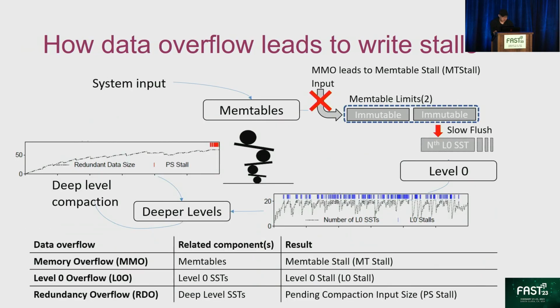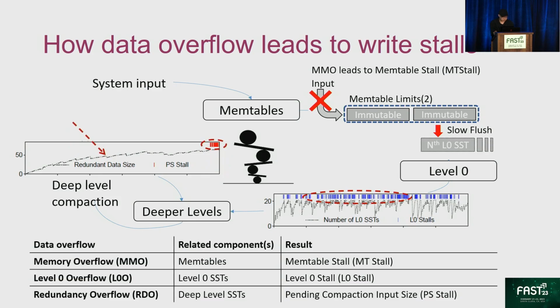In detail, when the flush is slower than the system input, it forms memory overflow, and the system will be stalled when there is no room for the new input. And when level 0, level 1 compaction cannot remove the SS tables in time, level 0 overflow occurs. And as shown here, the size of level 0 keeps growing, which is the y-axis of the black lines. And the system will be stalled when it exceeds the limitation, which is marked by the blue lines here.